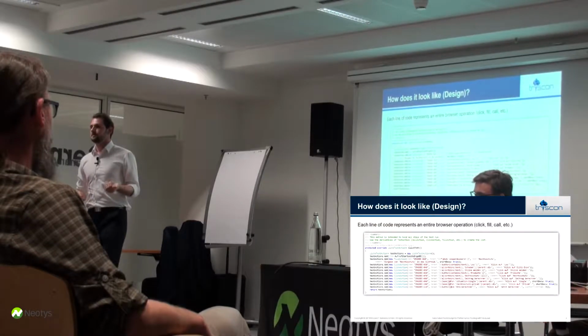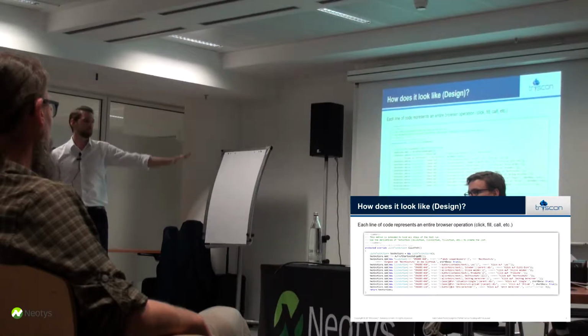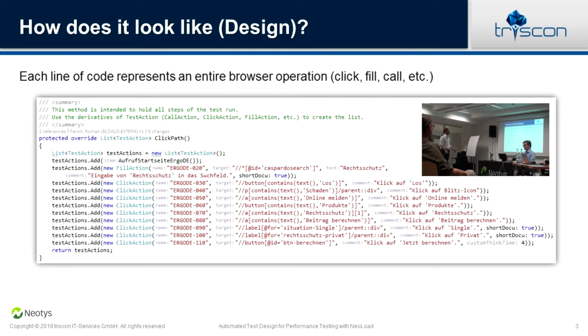What I'm going to show you now is a sample test case. This is just lines of code representing one test case as we run it in functional tests, and it can also be used in load tests. What you need to be aware of right now is just the size.